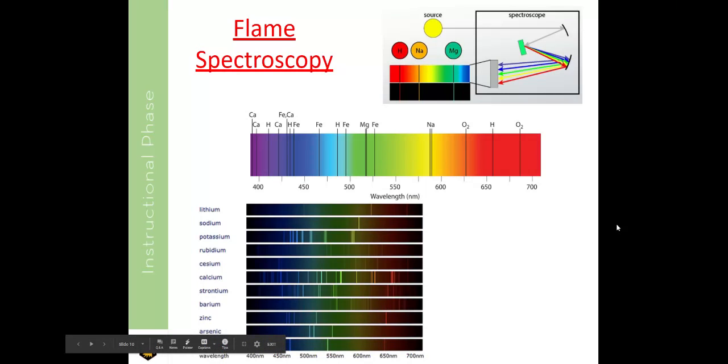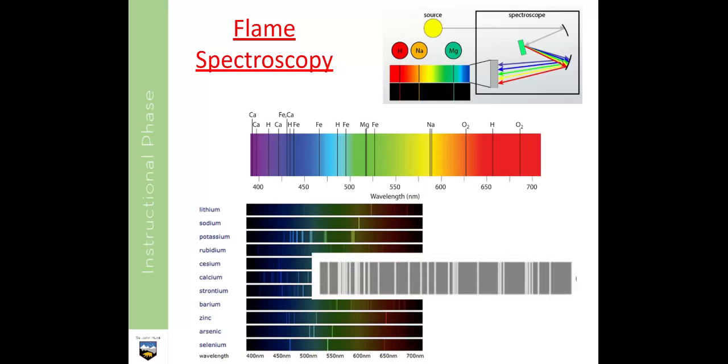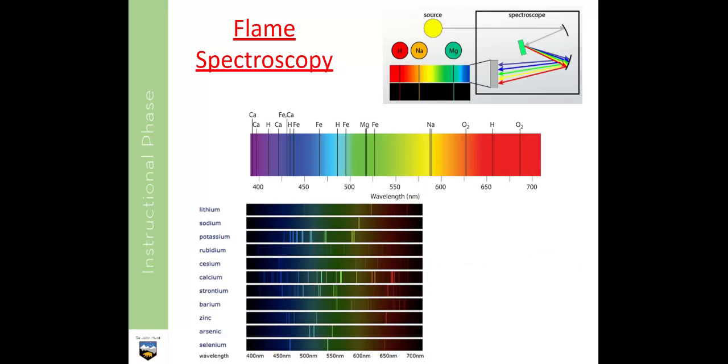Now, these are known, these are in a reference book, and once you do your own test, you get a line spectra, which you can then compare to known line spectrums. And as you can see, this one, we can't see, but it links to calcium. The lines are the same as the spectral lines of calcium.